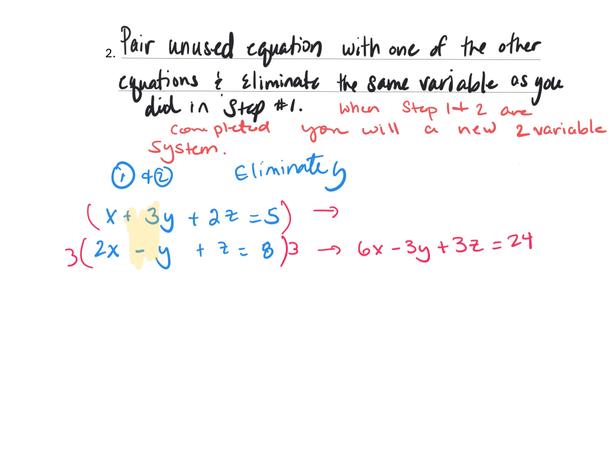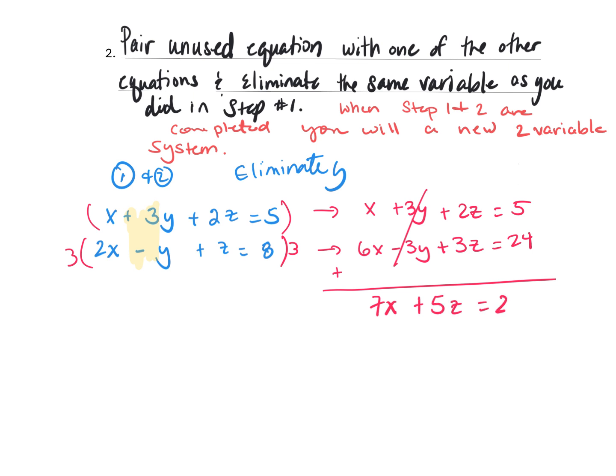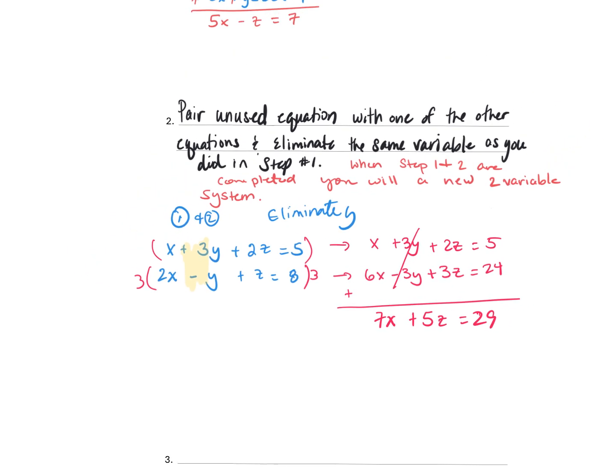And I'm just going to move this over here: x plus 3y plus 2z equals 5. And I'm going to add that. So this gives me a 7x, 3y minus 3y is gone, 3 plus 2 is 5z, equals 29.